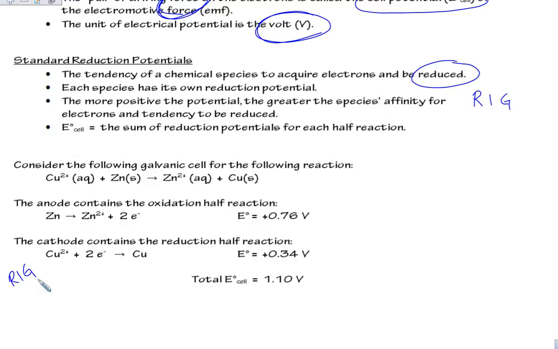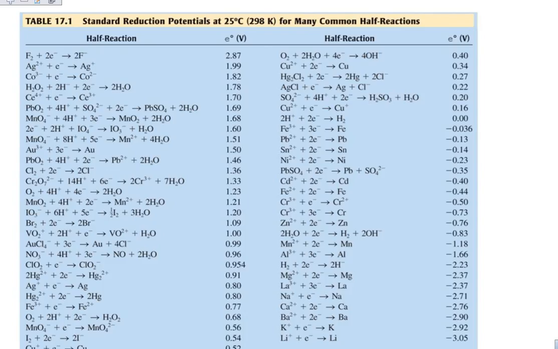Okay, so that looks great. I mean, that is reduction. So this positive 0.34 volts, that's a number that you look up on a chart. There's a giant chart at the back of your study guide that looks like this. Wow. This is common half reactions. I mean, anything that you run into should be on this chart. Standard reduction potentials measured at 25 degrees Celsius.